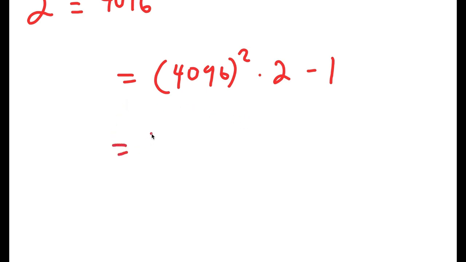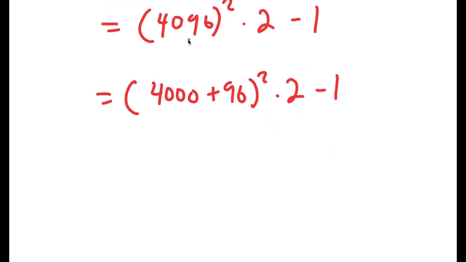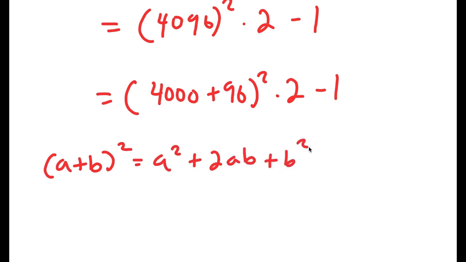And now this is equal to, I'm going to simplify this, 4000 plus 96 squared times 2 minus 1. The reason I'm doing this is because 4096 squared is really hard to calculate by itself. So if we change it to 4000 plus 96 squared, I can use the property a plus b squared is equal to a squared plus 2ab plus b squared.